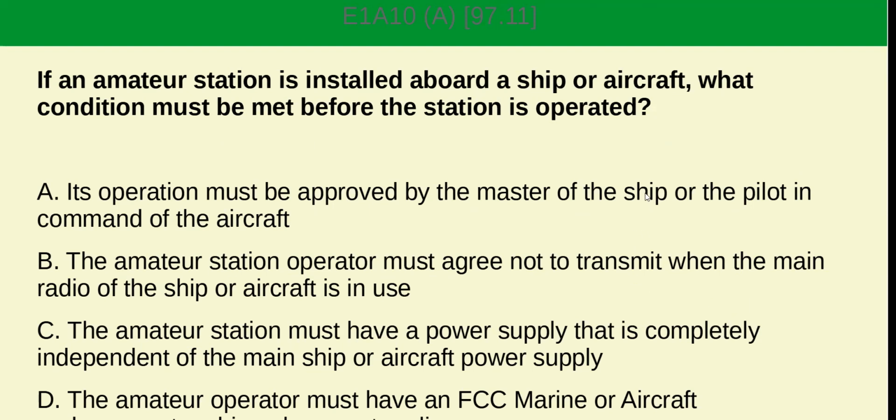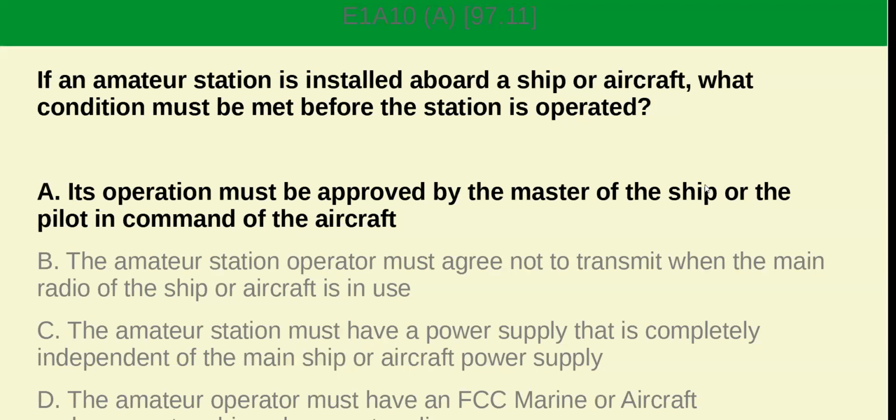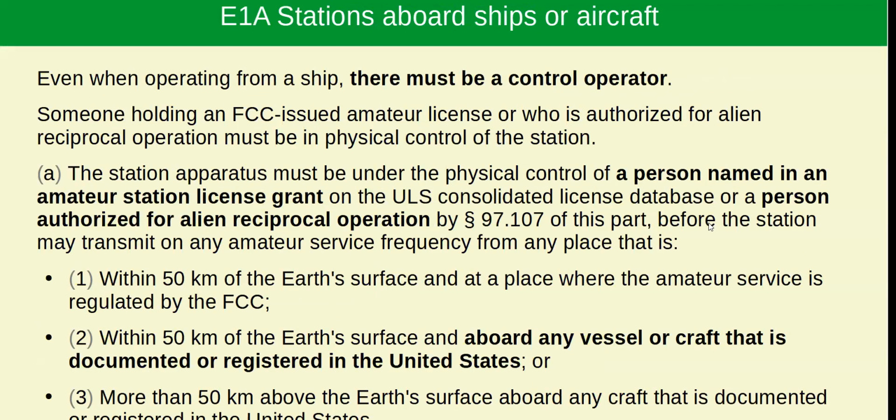Okay, so if an amateur station is installed aboard a ship or aircraft, what condition must be met before the station is operated? Yep, that's the only one that talks about the master of the ship. Right. Okay, so you need a control operator at all times.